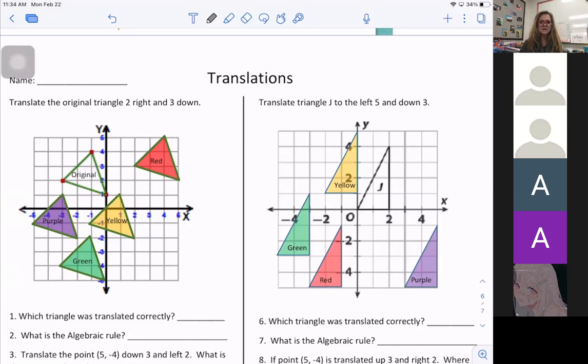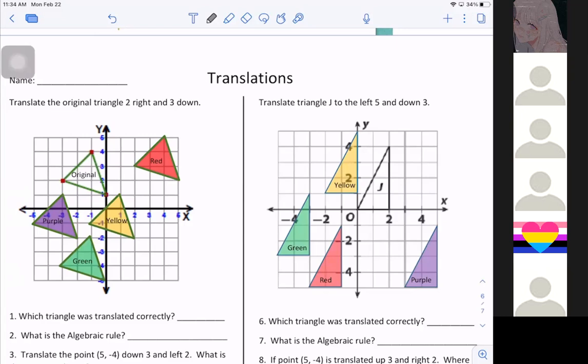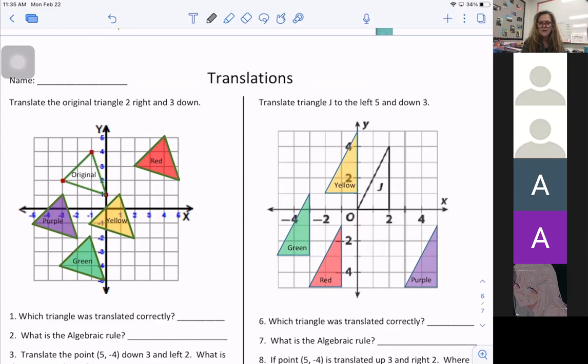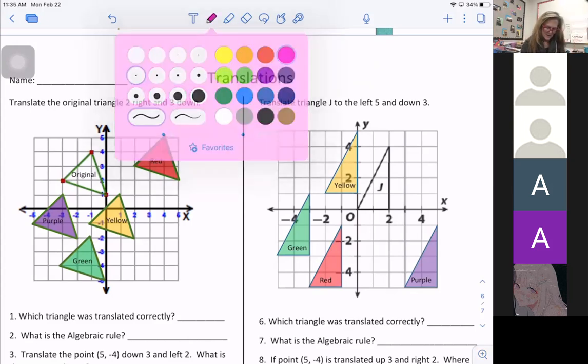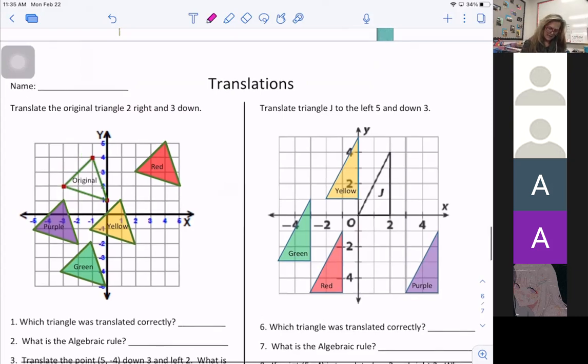All right, so here's what I want you to do. At the top of your translation page, it's homework, classwork, assignment, we're going to write those rules to make it easy for us. If I am moving to the right, I am adding to x.